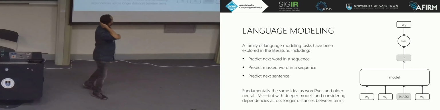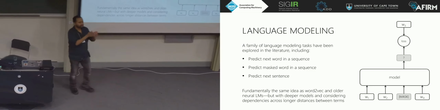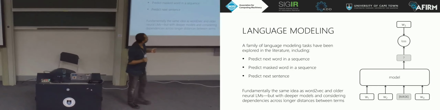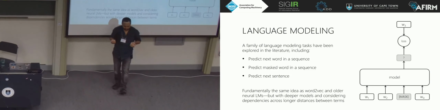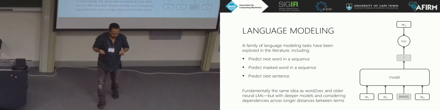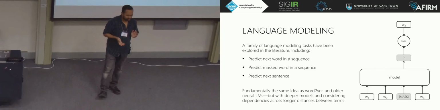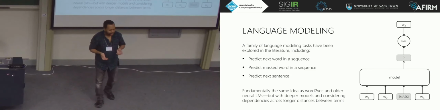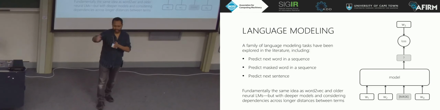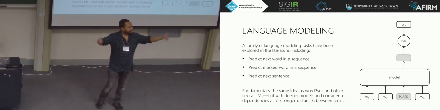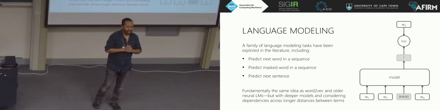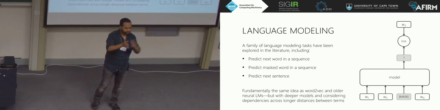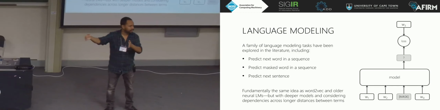So that's one part. I'm going to quickly say what language modeling is, and then we're just going to put these two things together and we'll get BERT. Language modeling is a concept in NLP. There are many different ways of learning a language model. One is you get a sequence of words and then you try to predict the next word, or you get a sequence of words and then you mask out some words and try to predict those words, or you get a sequence and then you try to predict the next sentence or the next sequence in your corpus.